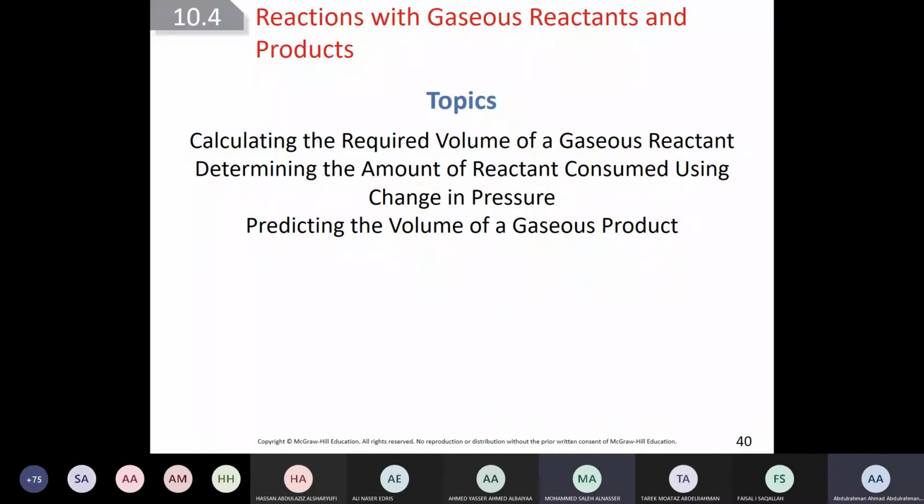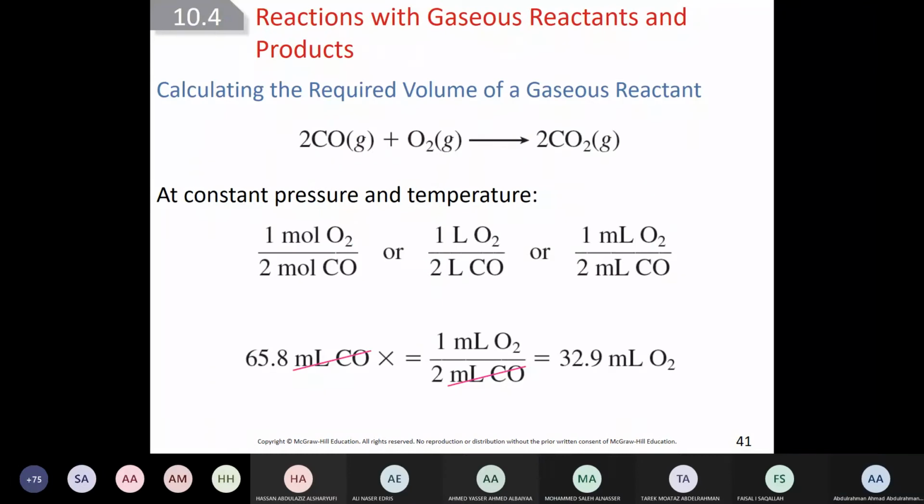Very good. Now, we have a chemical reaction. As I said, we can relate things not only by mole, but if everything is gas at the same conditions. So if you have this equation, read this equation. 2CO gas plus O2 gas goes to 2CO2 gas.